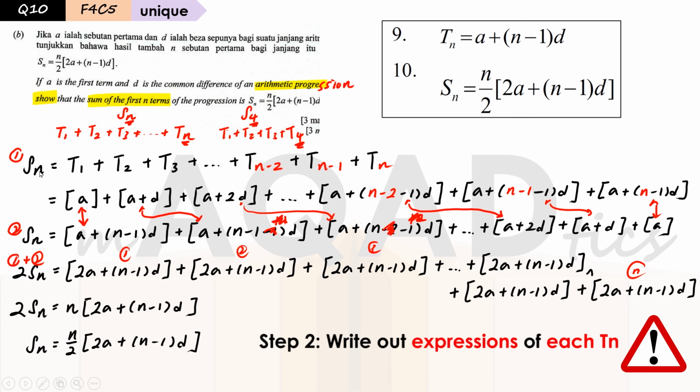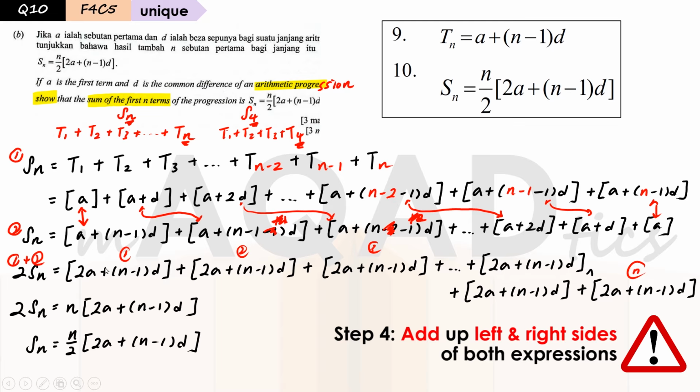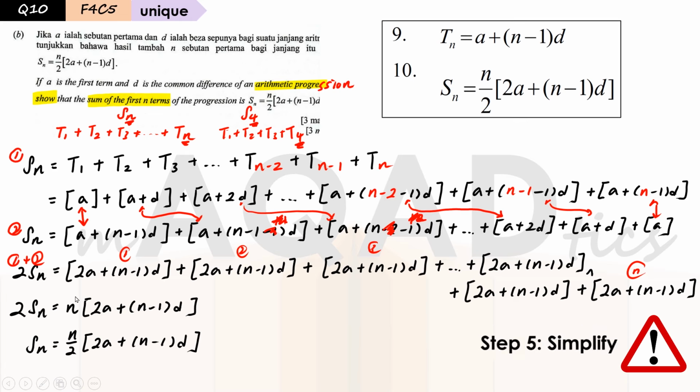So we form the first expression, and then the second expression here, we flip the entire thing. Okay, and then we add both of the expressions together, and you will notice the values on the right side, all of them are the same. Then we summarize them together. So it would be n with the value here, and then we move 2 to the other side, then we can get the formula already.